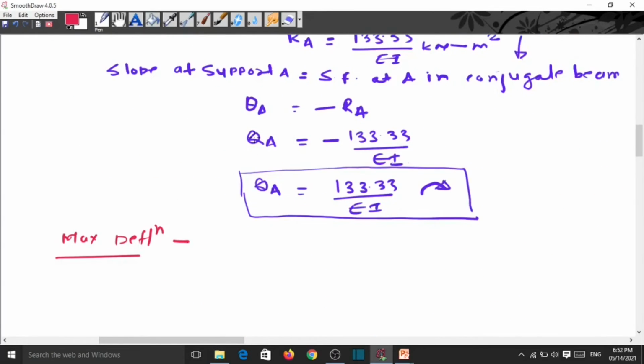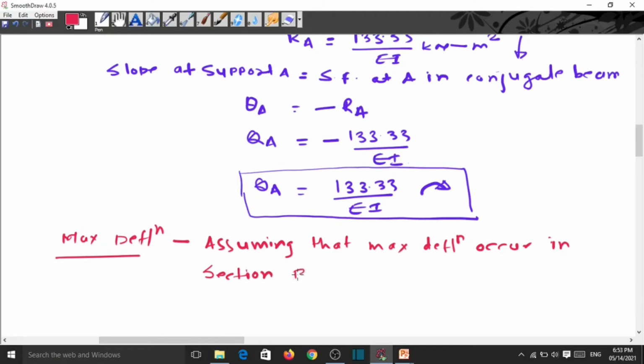So we are assuming that the maximum deflection occurs in section BC.